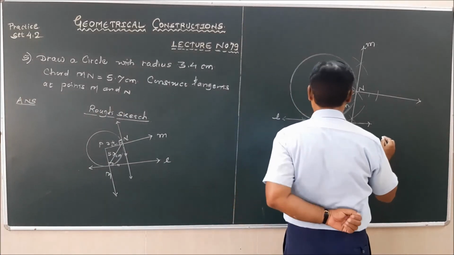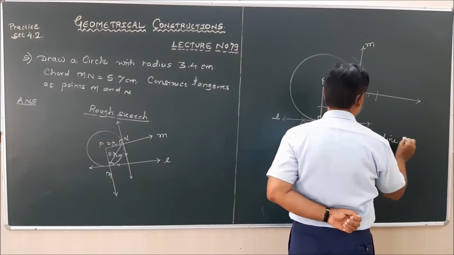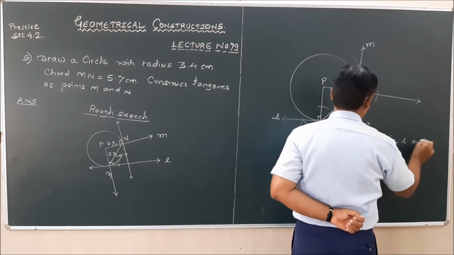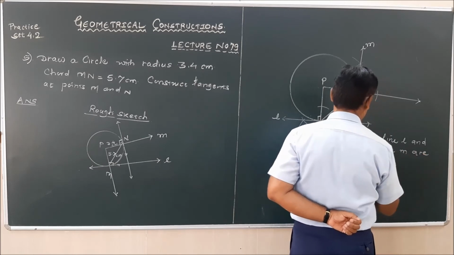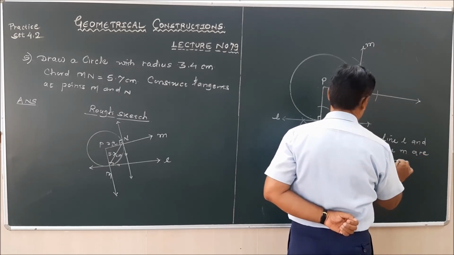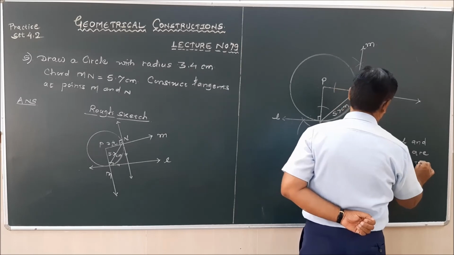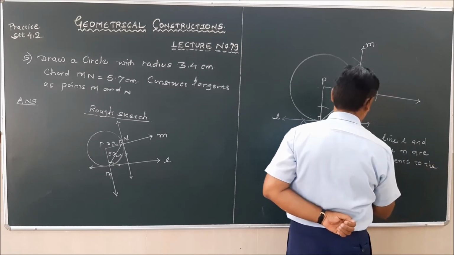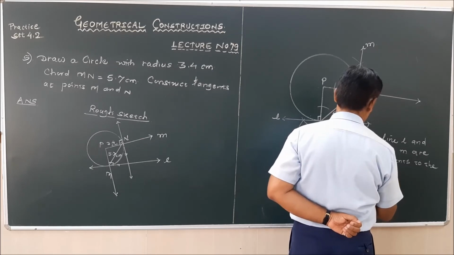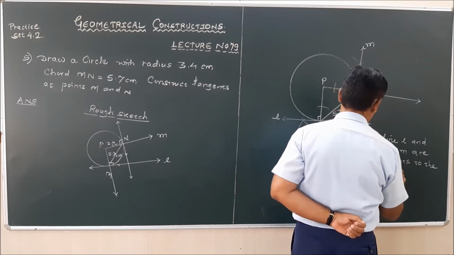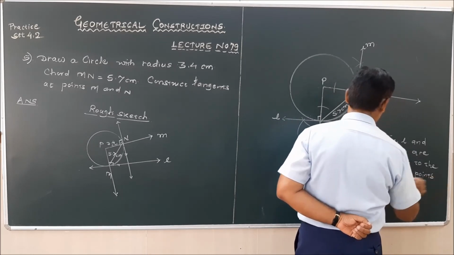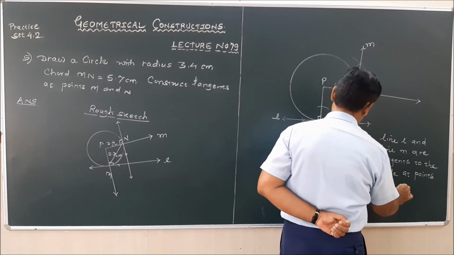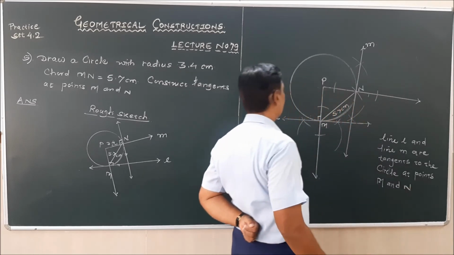So line L and line N are tangents to the circle at points M and N.